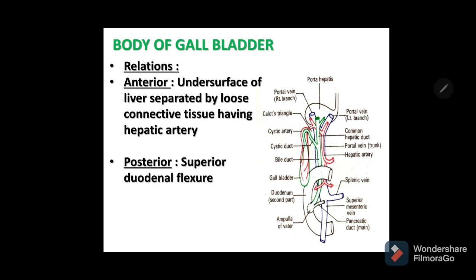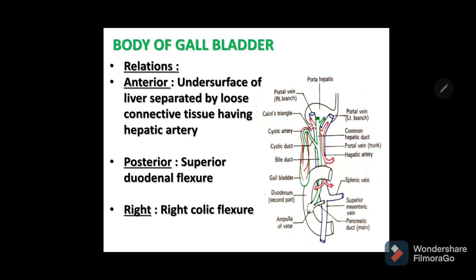Sometimes it may contain the hepatic artery. Posteriorly, the superior duodenal flexure, the junction between the first part and second part here. To the right, the right colic flexure, which goes here. The transverse colon runs to the end point of the second part.